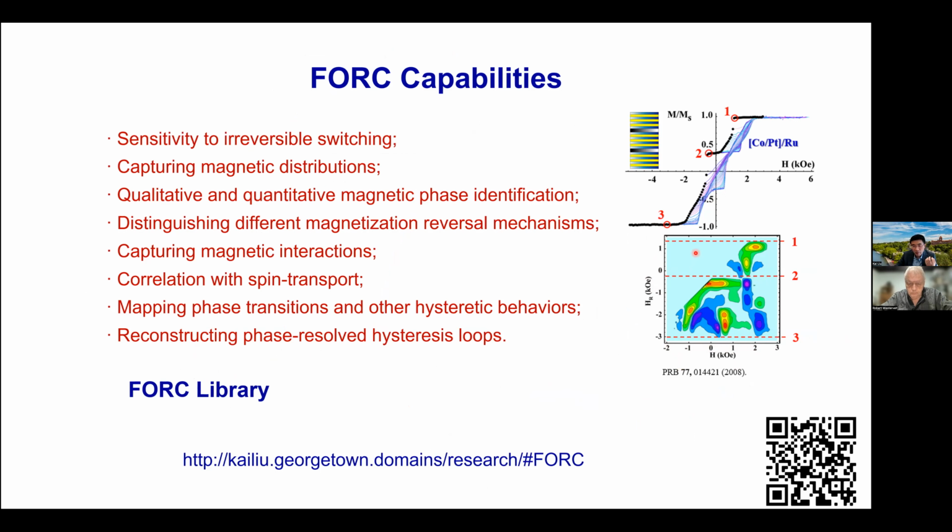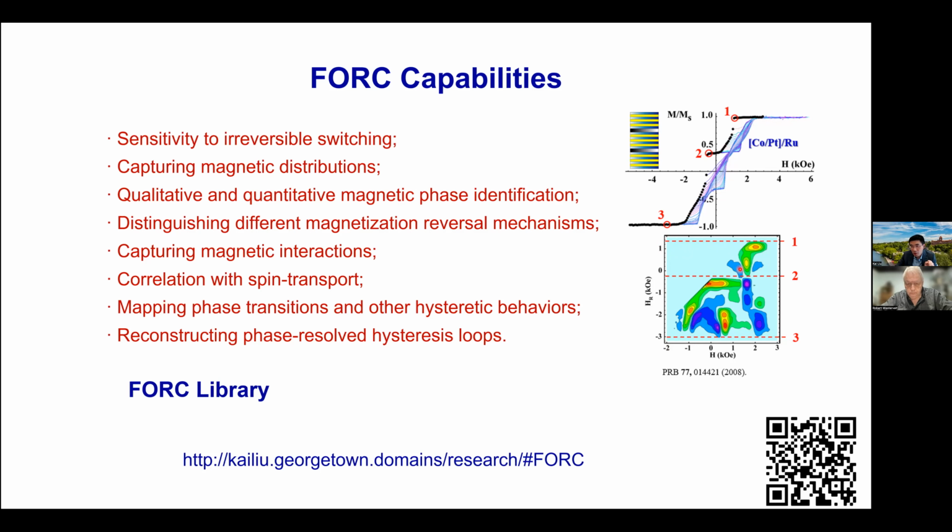In a nutshell, FORC gets rid of reversible switching. So any feature you see in the FORC diagram corresponds to some irreversible switching. So when we plot in this coordinate, we can immediately tell, okay, this is where I begin to have irreversible switching. Before this reversal field, so for example, 1 is here, before that, there's nothing irreversible about it. So I get zero feature.